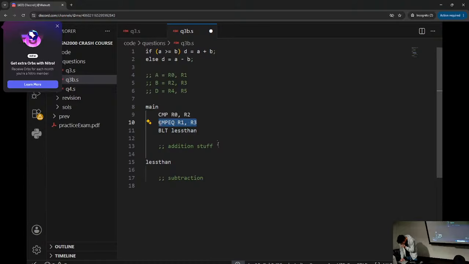Now we have to do the actual arithmetic. How do we add two 64-bit numbers together? Exactly. So let's add the least significant bits together.